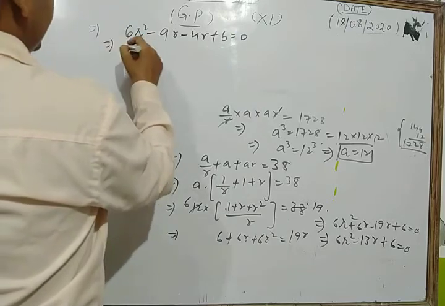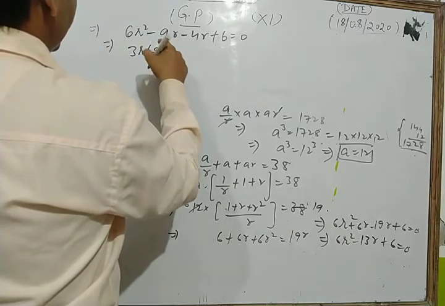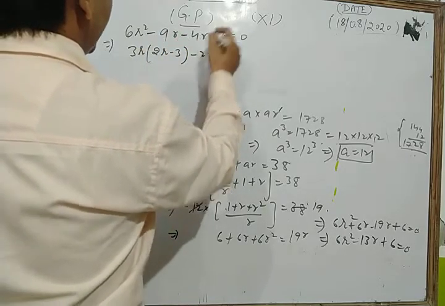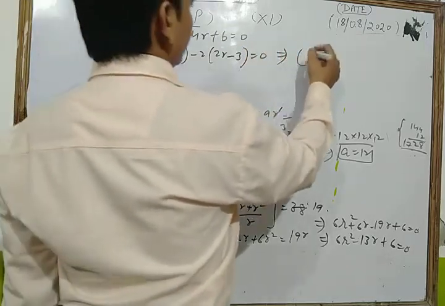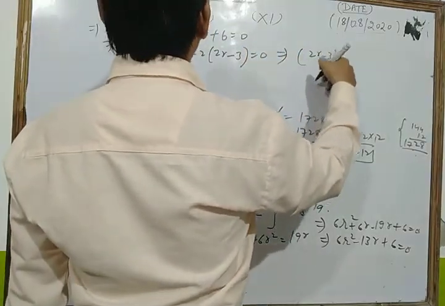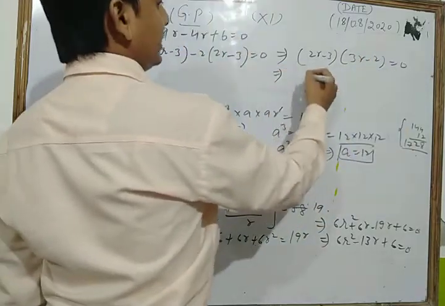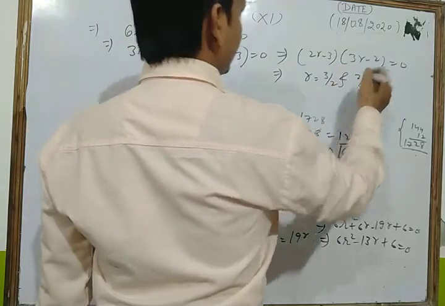Now we take 3r as common, so we get 2r minus 3. Here we take 2 as common, so 2r minus 3 again, 2 3s are 6. Now we get 2r minus 3 and 3r minus 2 is equal to 0. Now we get the value of r as 3 by 2 and 2 by 3.